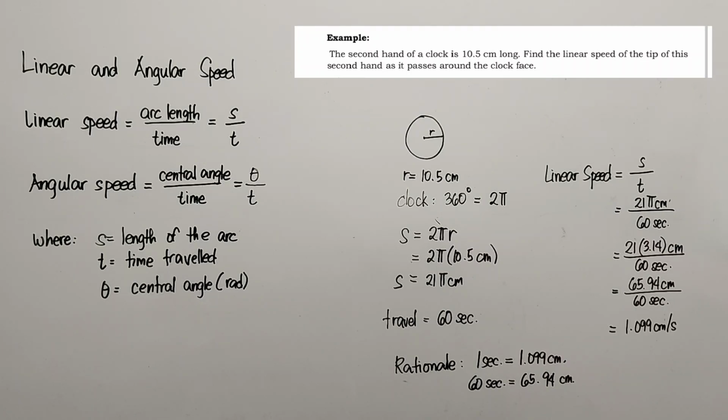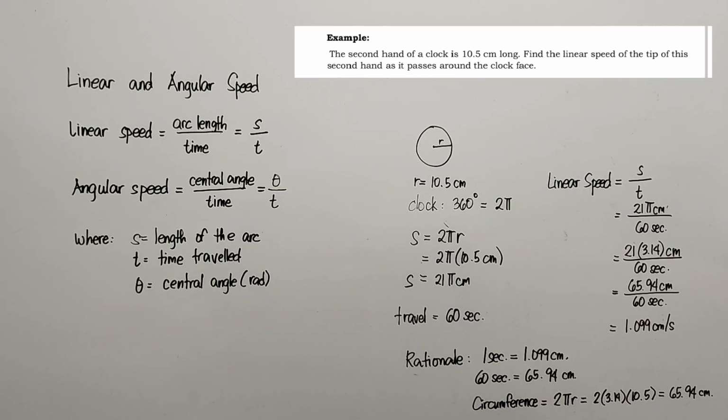Let us try to compare this result by computing the circumference of this circle. The formula of the circumference of the circle is 2 pi r or pi d. So here, we will substitute the pi by 3.14 and the radius given is 10.5.